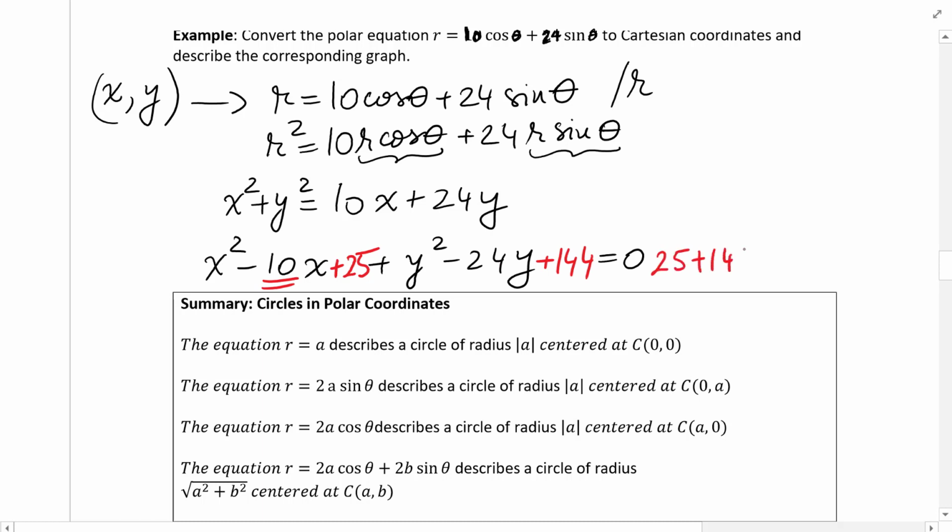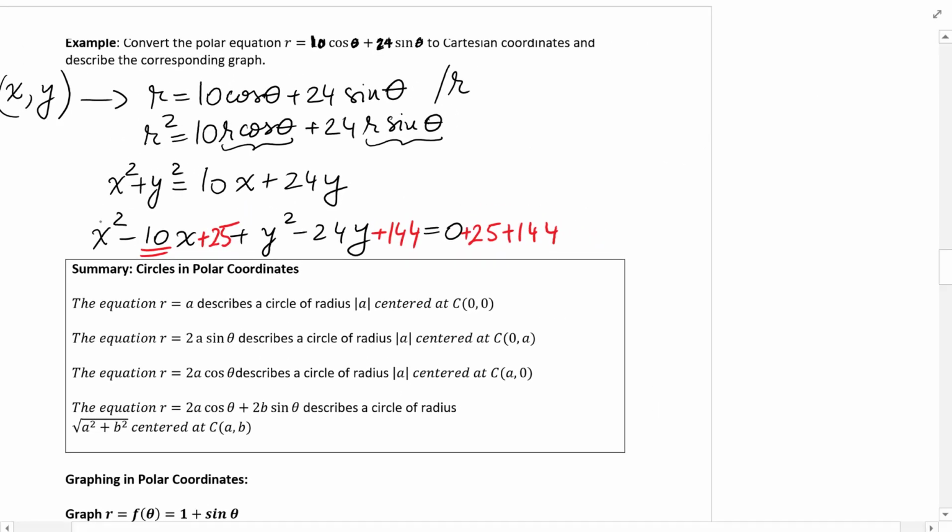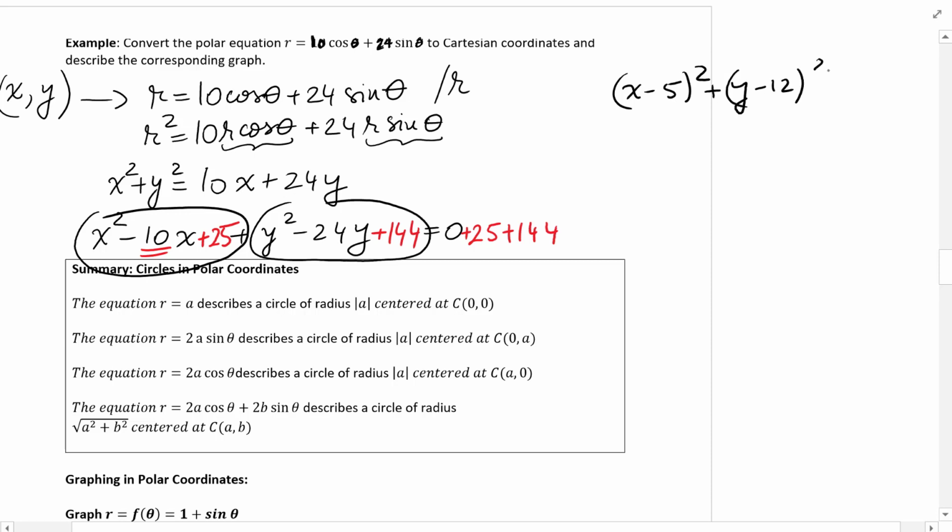So that's 25 plus 144 on the other side. So the first 3 terms are actually x minus 5 squared. These 3 are actually y minus 12 squared, and it equals 169. This is the equation of a circle centered at 5, 12 with radius 13.